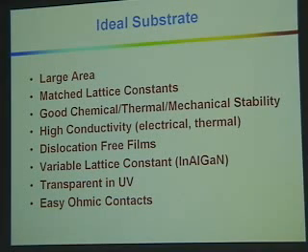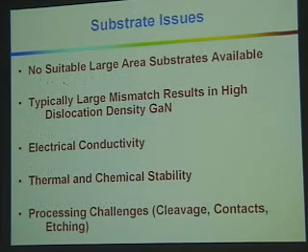I would like it to be transparent in UV because if I'm going to replace the fluorescent bulbs, which I have here, I'll likely want to have a UV LED source. And I would, of course, want easy ohmic contacts that have very low contact resistance, to again minimize the energy generated.